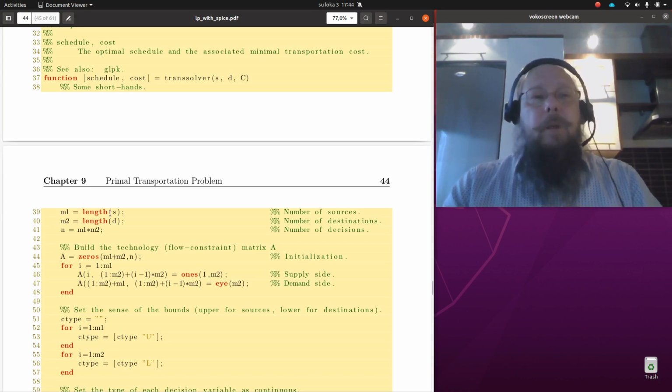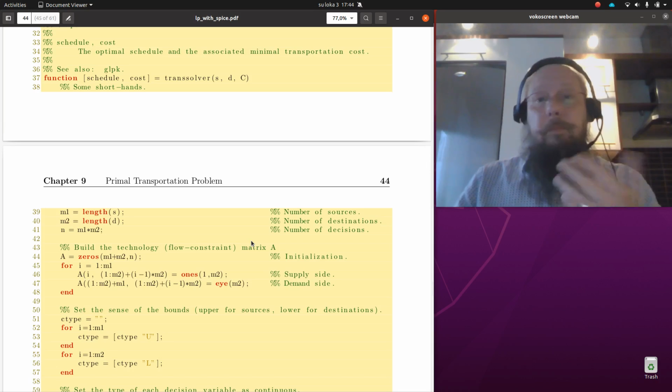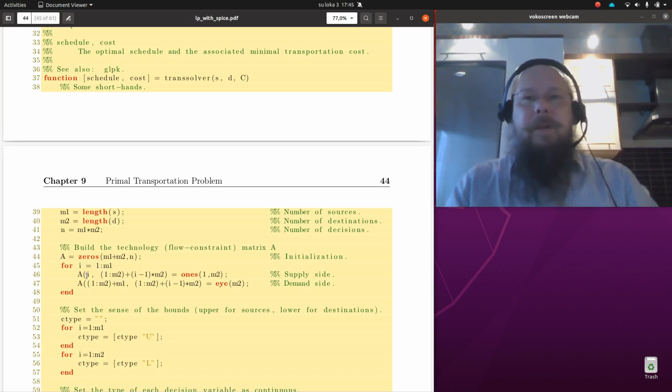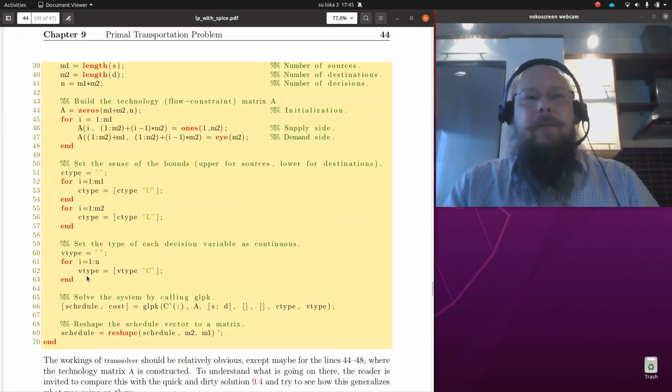So M1 will be the number of sources, M2 will be the number of destinations, and N, which is M1 times M2, is the number of routes, which is also the number of decision variables. Okay, let me omit what happened here for a while. Of course, that's the most difficult part. Let's leave the difficult part for last. So here the technology matrix is somehow built. And now we have the technology matrix.